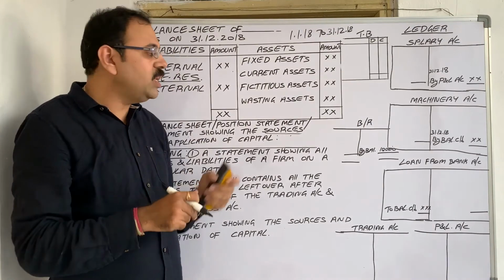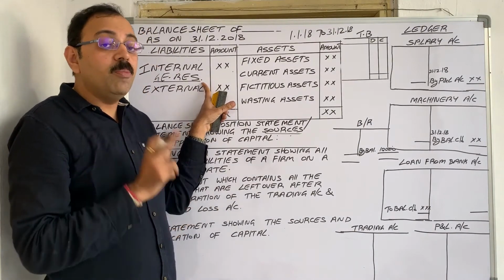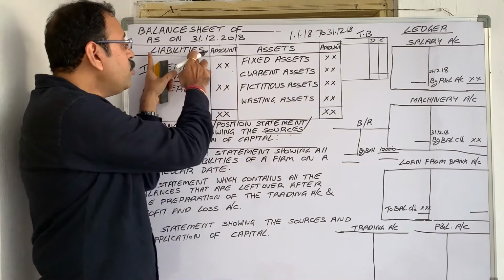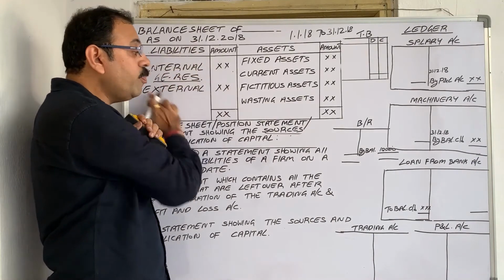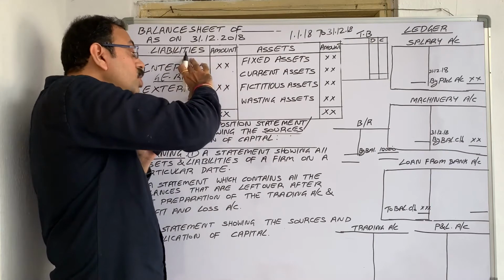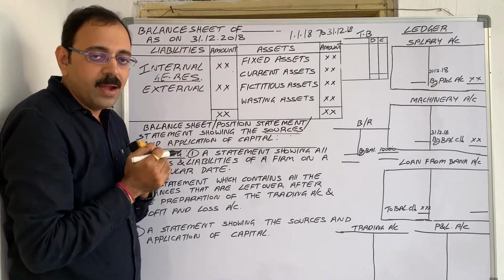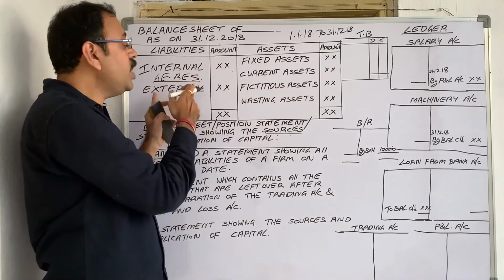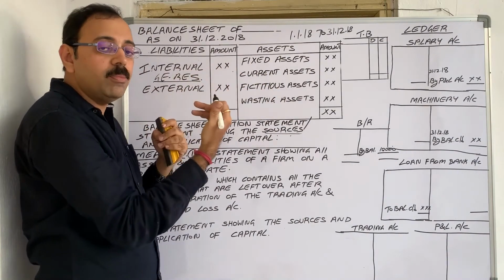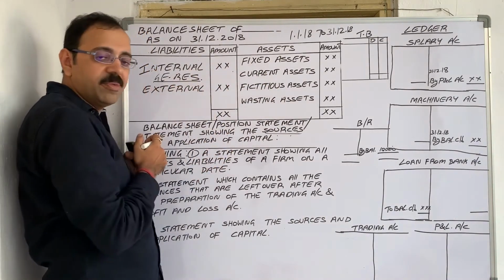Then why does it appear in balance sheet liability side? Because liability means don't think that the amounts which we have to pay to outsiders, all those amounts only we are writing here. Actually what we are writing here, the sources of income we are writing. How money came into the business we are writing here.